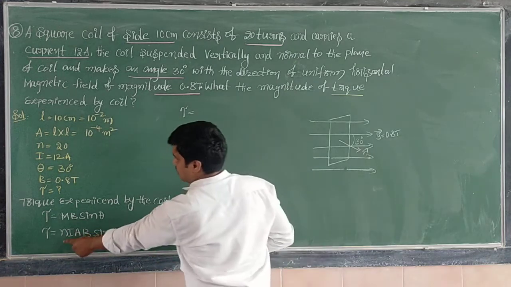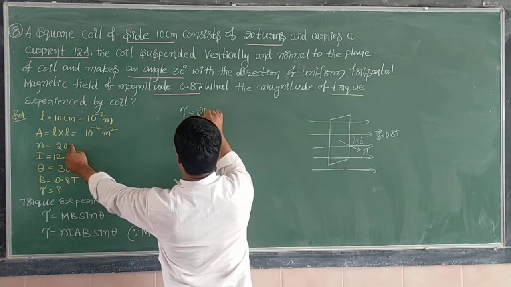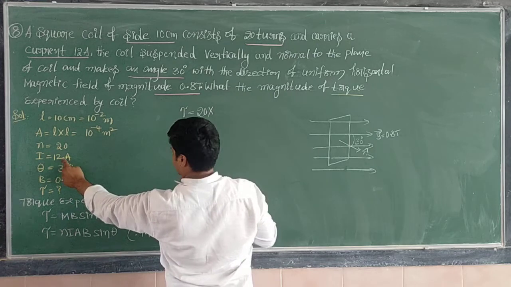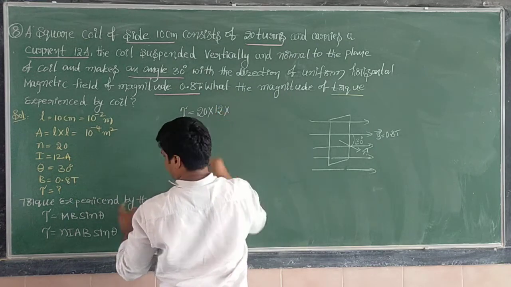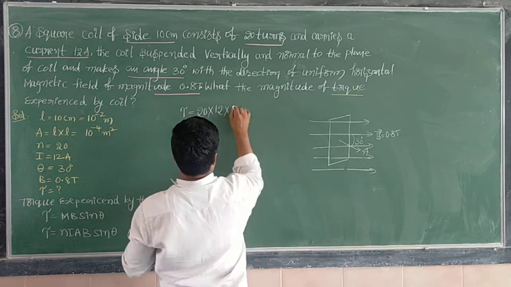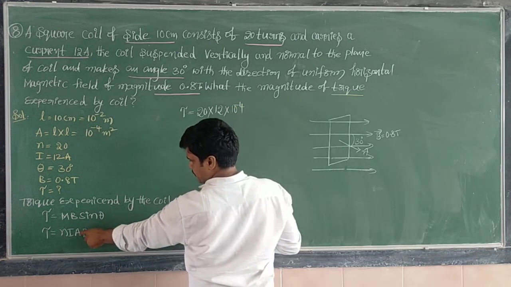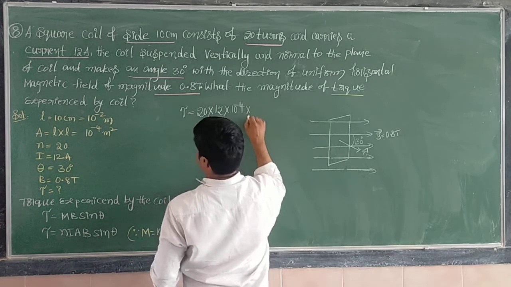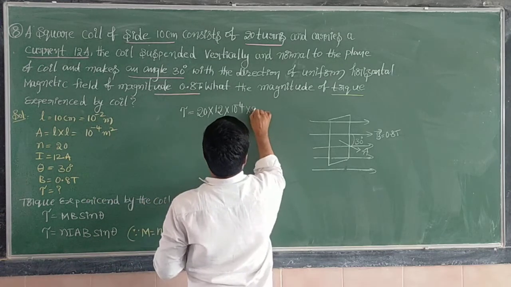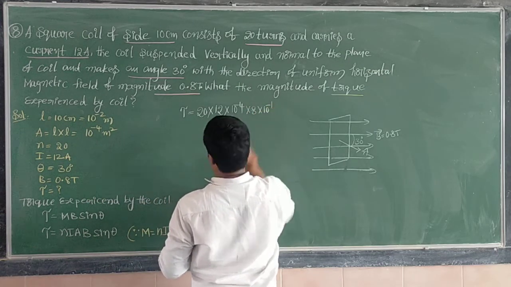substitutions. N value is 20, I value is 12, A value is 10 power minus 4. Next, B value is 0.8, 8 into 10 power minus 1.